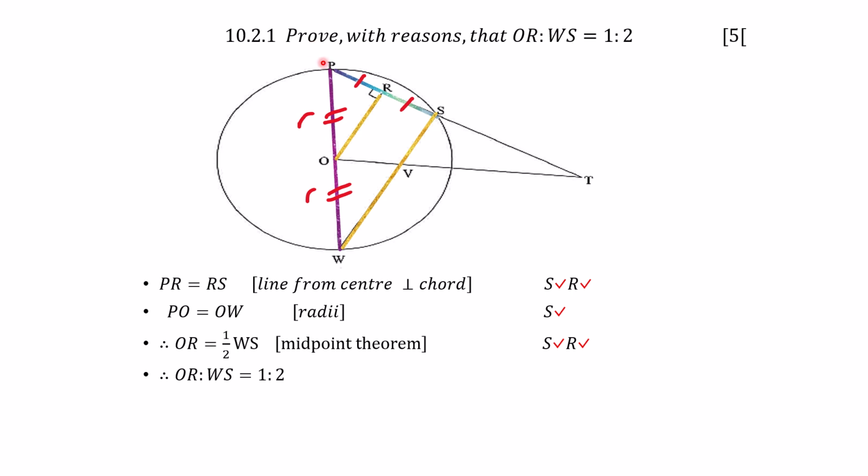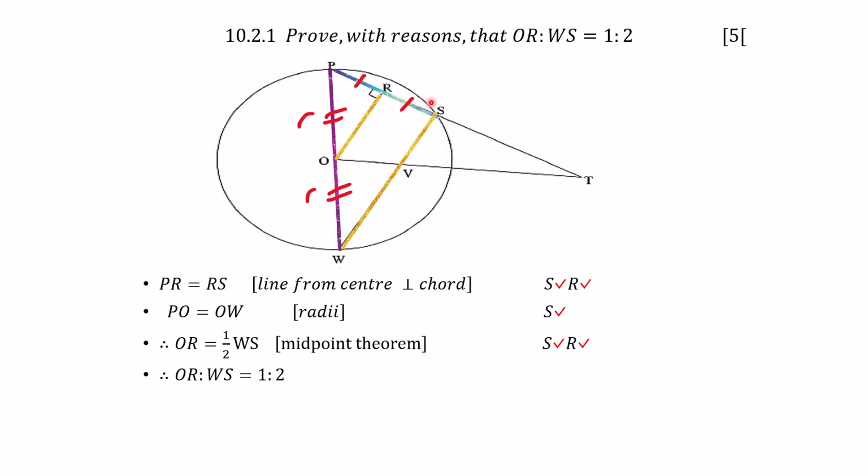So prove with reasons that OR to WS equals 1:2. Now O is the center. So from O to R it forms a 90 degrees. So the line from center is perpendicular to the chord PS. Theorem 1. So if that's the case, we should know according to that theorem that automatically PR equals RS.